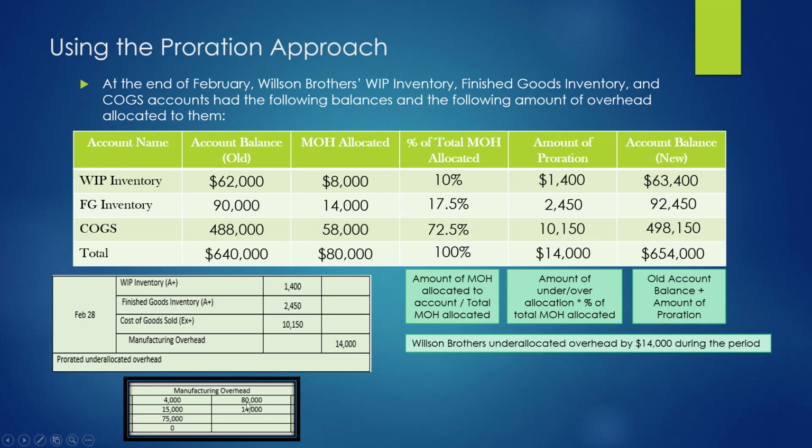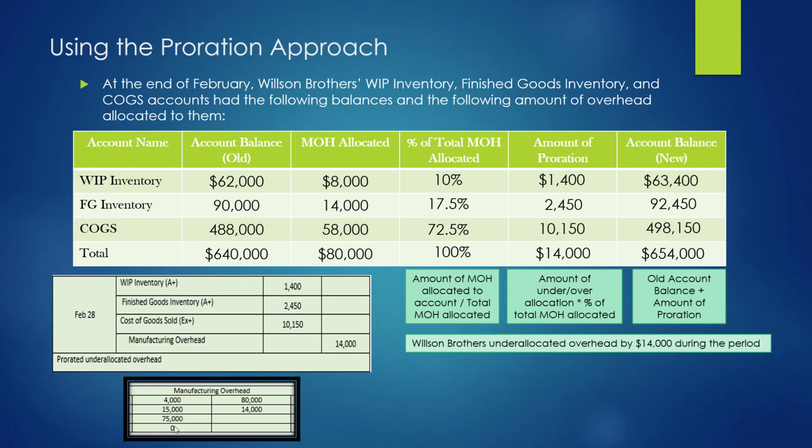On the credit side, we're going to have the $80,000 that we allocated out during the period based on our best guess, and the extra $14,000 that we allocated out at the end of the period once we realized our guess was too light. That's $94,000 of debits, $94,000 of credits, giving us a balance of 0. And manufacturing overhead, because it is a temporary account, should always have a balance of 0 at the end of the period once you know what all of your actual costs were.